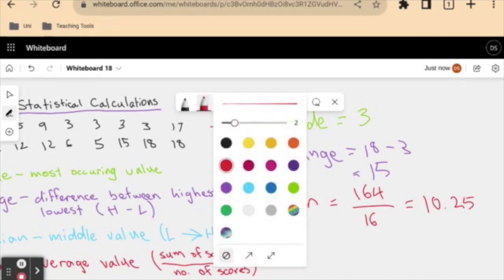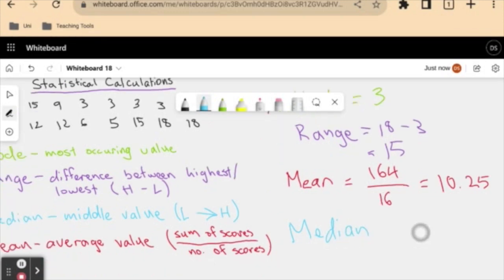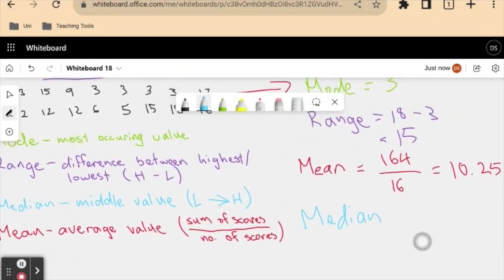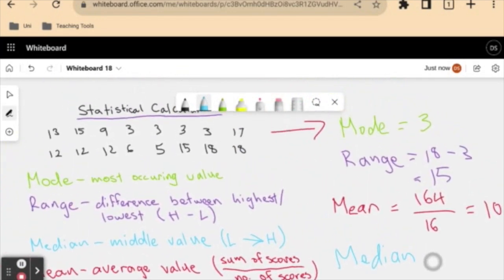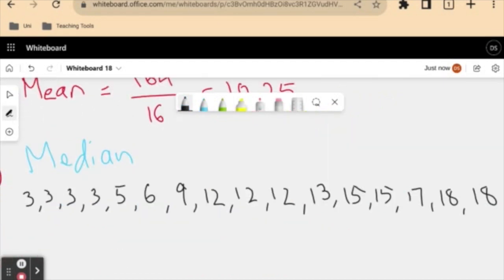And finally, we are going to calculate the median, which unfortunately results in us having to write out this data set from smallest to largest. So I'll write that through now. Okay, so I have gone through and just written out all of these numbers from our data set in ascending order.